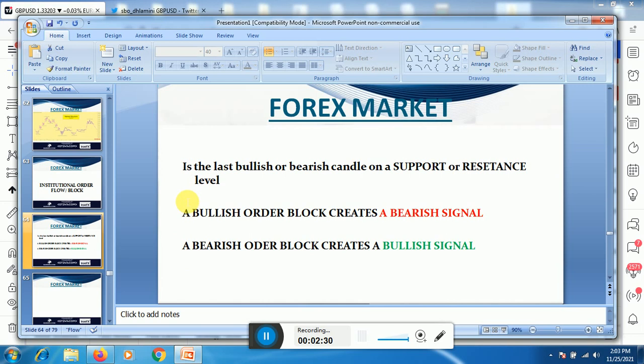So we're going to go through them over drawings, and then we're going to look at actual examples on the charts, actual scenarios on a live chart per se. So let us assume that we want to look at a bullish order block that creates a bearish signal.